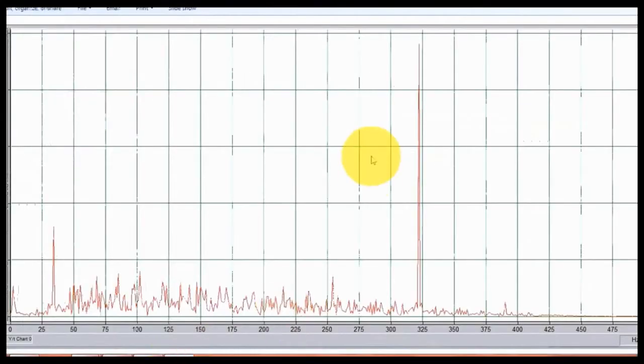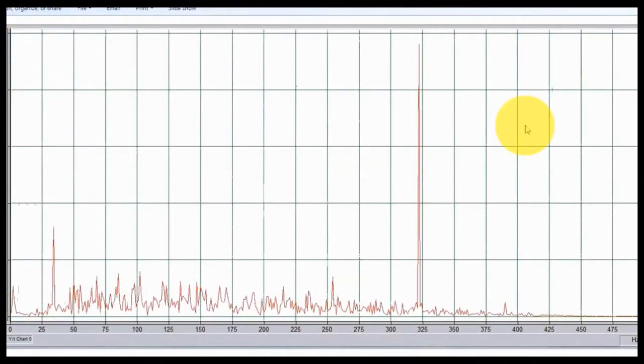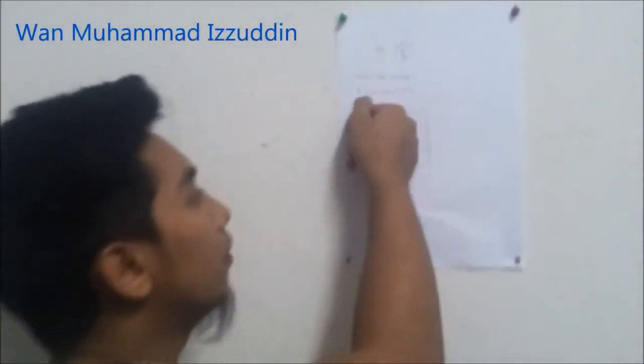The pattern of the graph may be something like this. Then we can get the value here. So the FFT is plus minus 320 Hertz. From the graph before that, we get the value of K, that is 2.0550272.